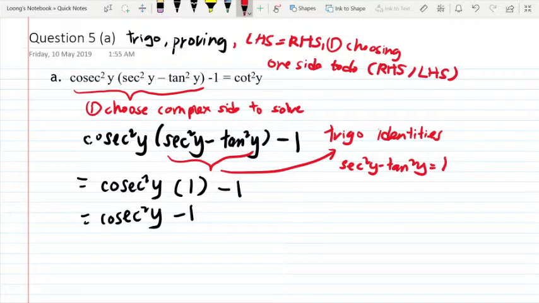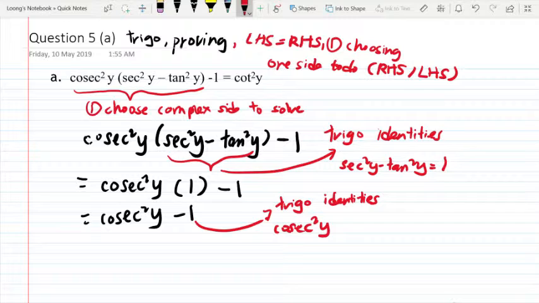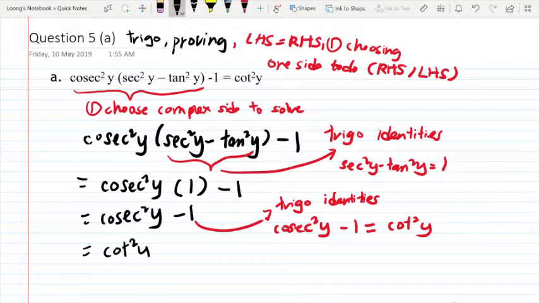And cosecant square y minus 1 is also another trigo identity, which is actually equal to cotangent square y. So the final answer that we got is cotangent square y. And now we have managed to prove our answer, so we need to write here proven.